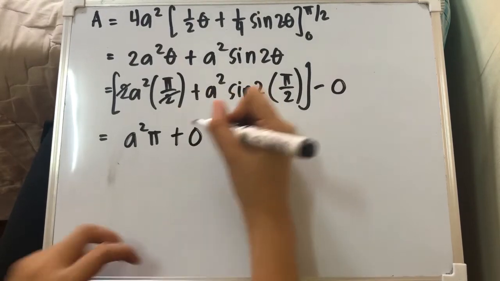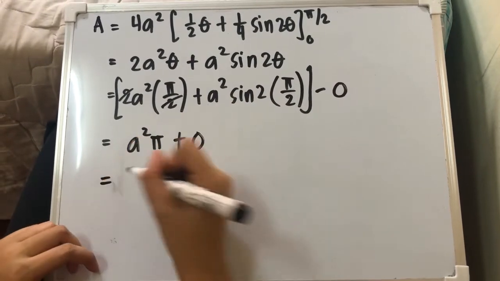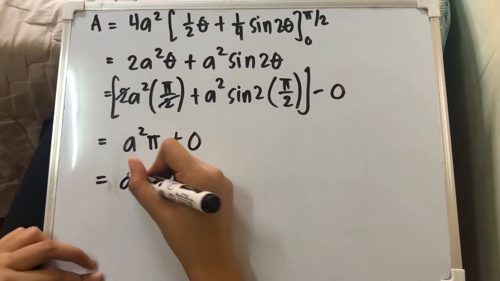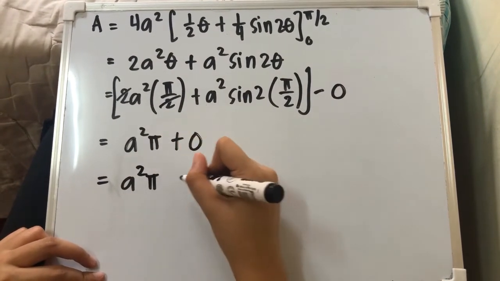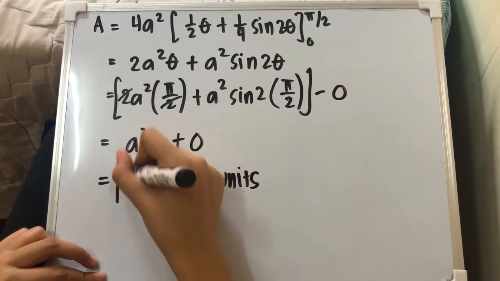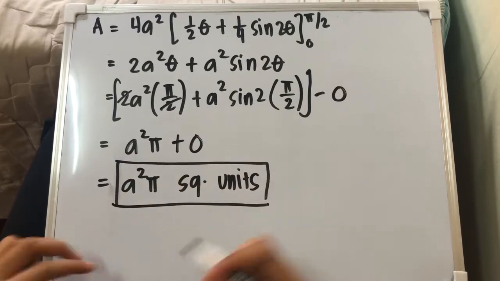So meaning to say our area of the polar curve is equivalent to a squared pi square units. So this is now our final answer.